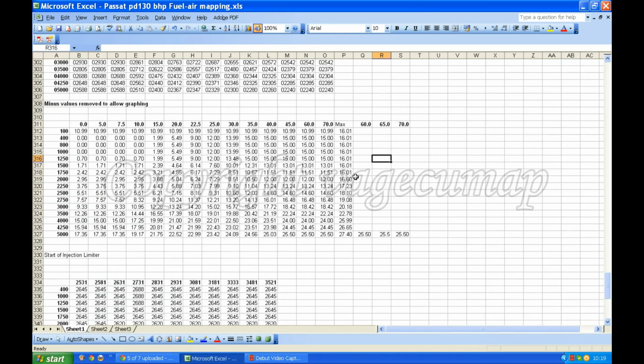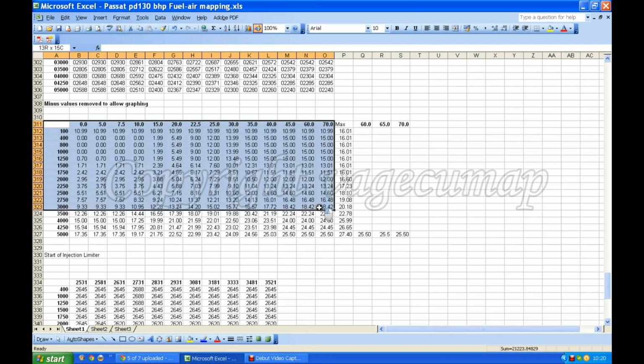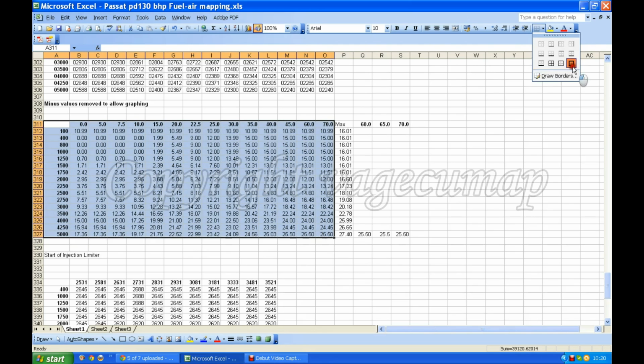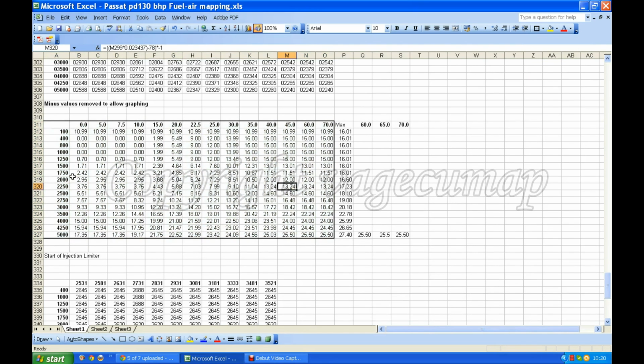So what I could do now is consider trying these values in my map, because this is my original map, isn't it? My original map only goes to, because these are all close, let me just stick a box around it. So there's my original map.